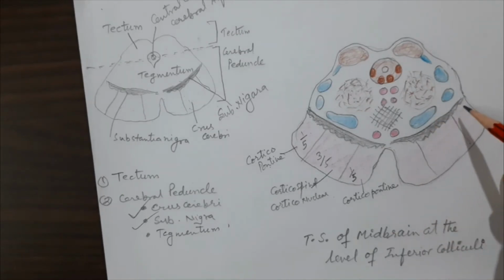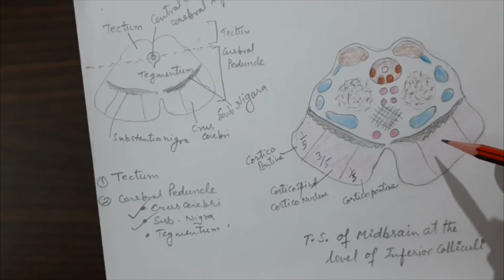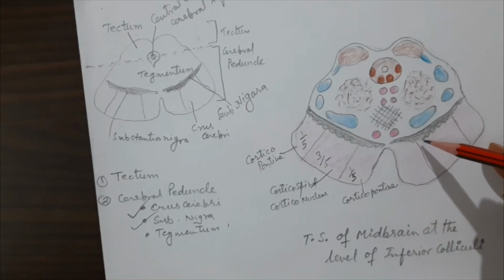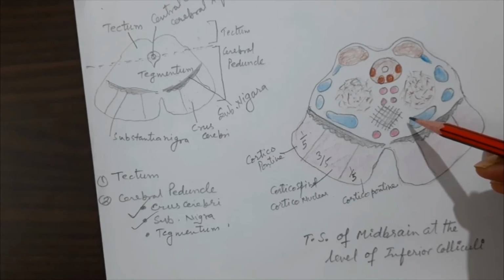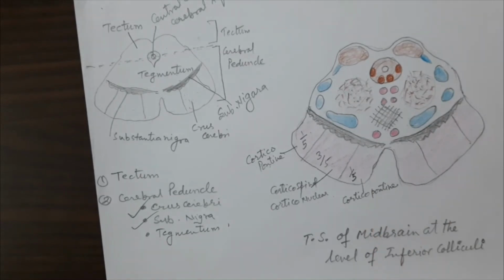This substantia nigra, a black-looking strip of gray matter, is present between the tegmentum and the crus cerebri.